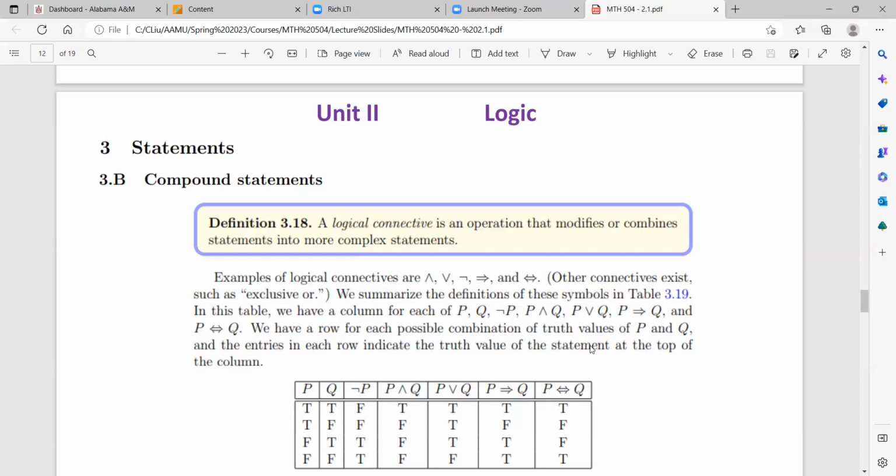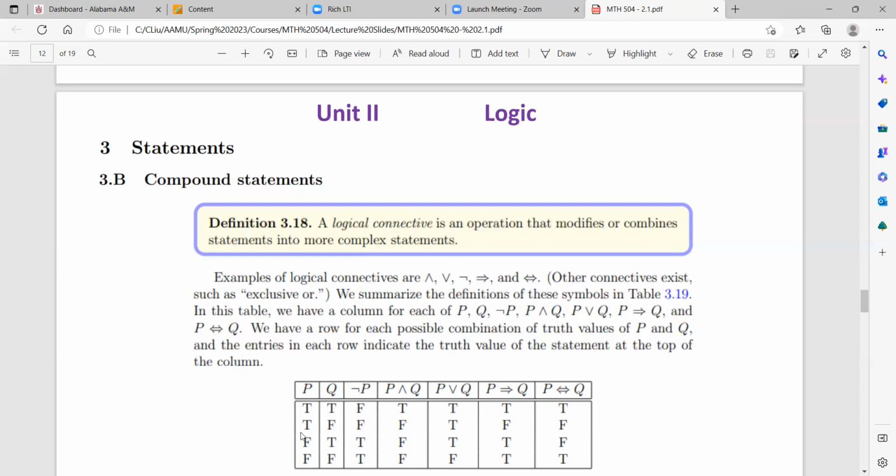For example, if both P and Q are true, then the negation of P will be false, and P and Q will be true. P or Q will be true. P implies Q will be true because it's false only when P is true and Q is false. P if and only if Q is true because P and Q have the same truth value.